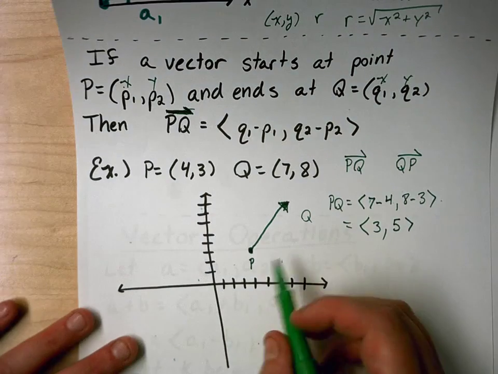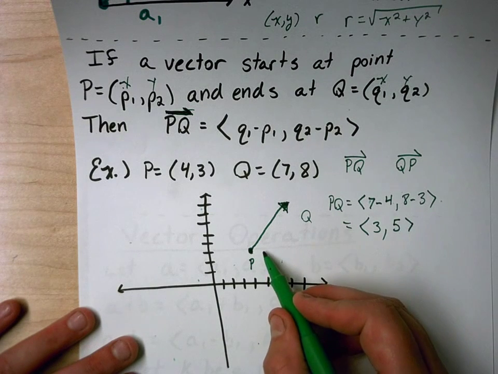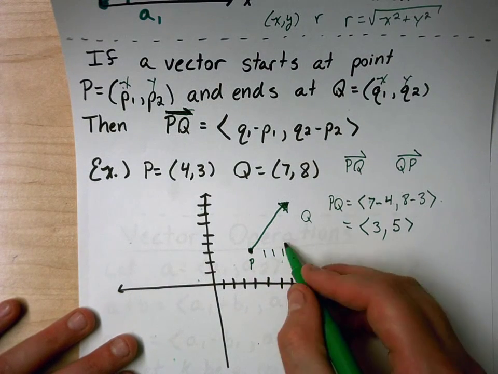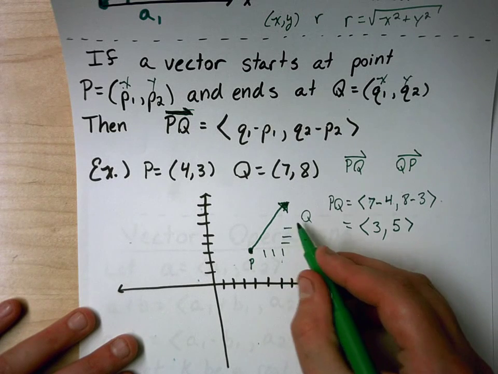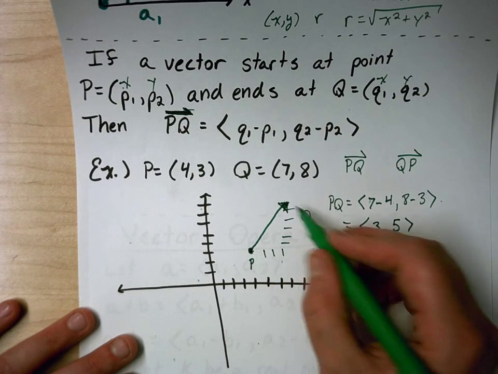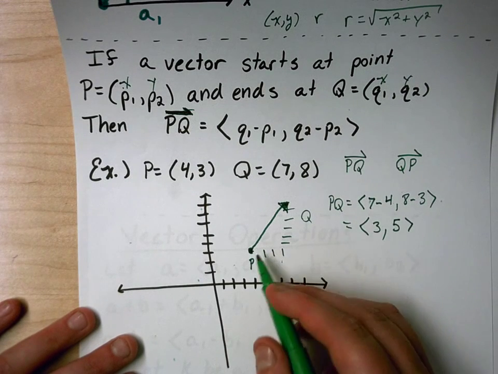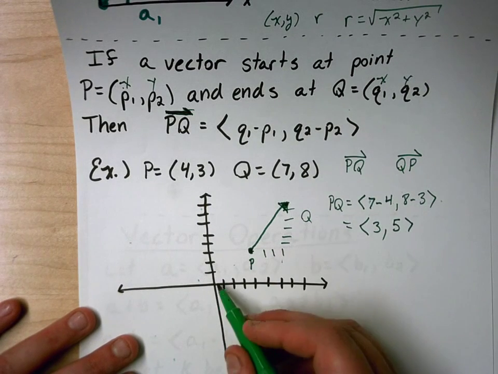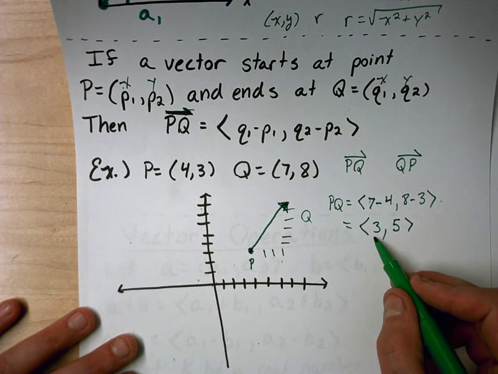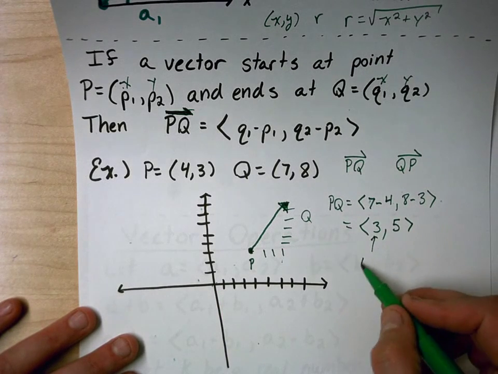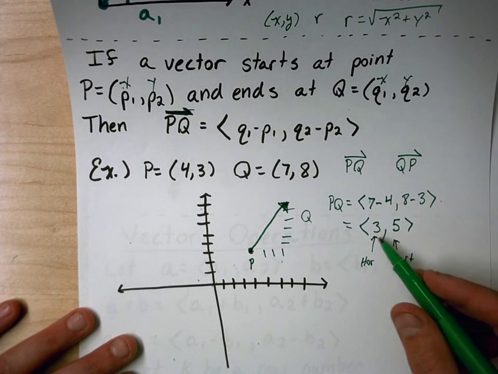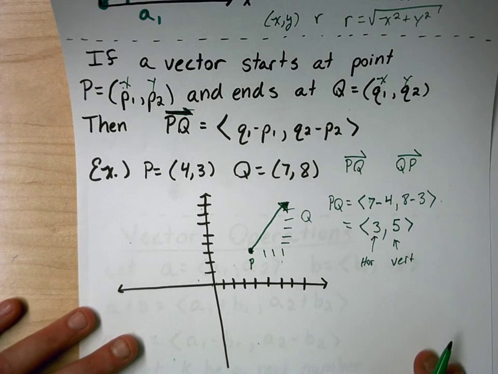So what that tells me is that I need to go 3 over, 1, 2, 3, and then I need to go 5 up, so 1, 2, 3, 4, 5, to get from the tail of my arrow to the head. Right, so even though this isn't positioned at (0, 0), it's still going to have a horizontal component of 3 and a vertical component of 5. So it's going to tell me how far over I need to go and how far up.